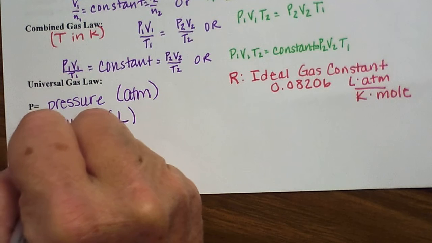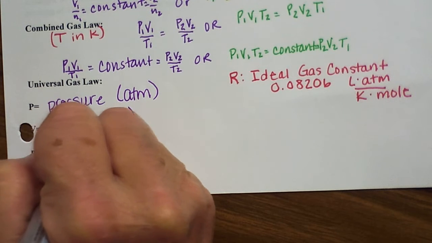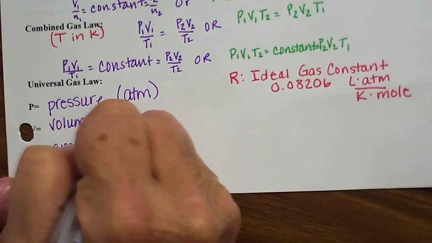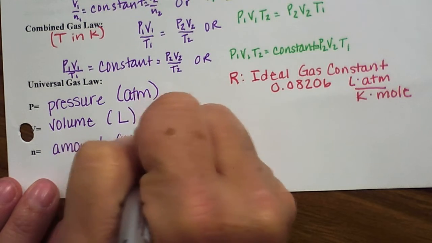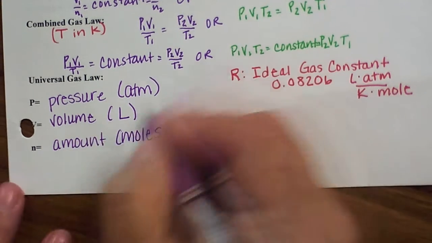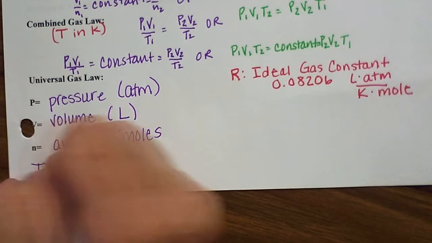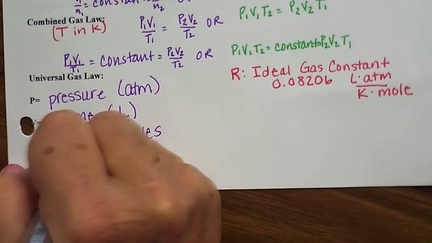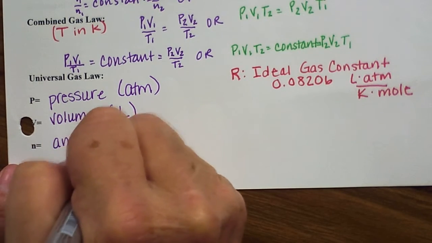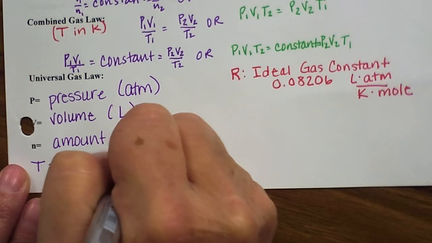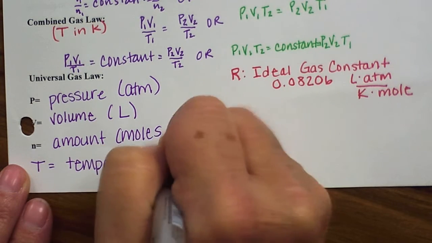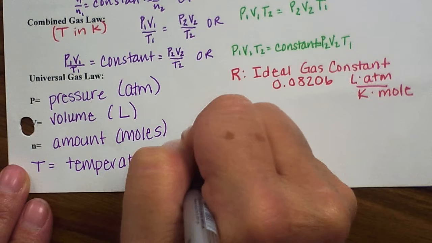Our n is for amount, and that needs to be in moles. And our T, which is missing, needs to be temperature, and that needs to be in Kelvin.